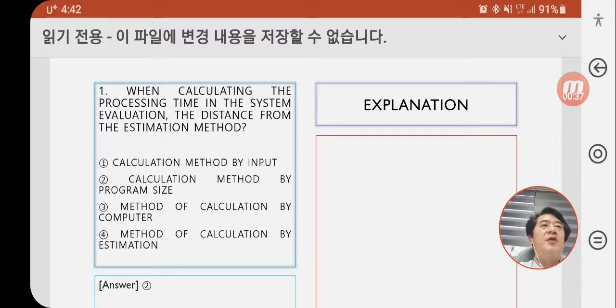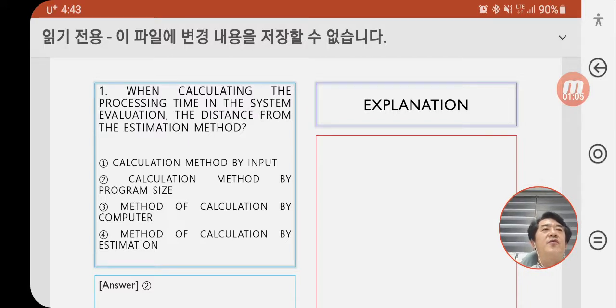When calculating the processing time in the system evaluation, which is far from the estimation method? Number 1, calculation method by input. Number 2, calculation method by program size. Number 3, method of calculation by computer.